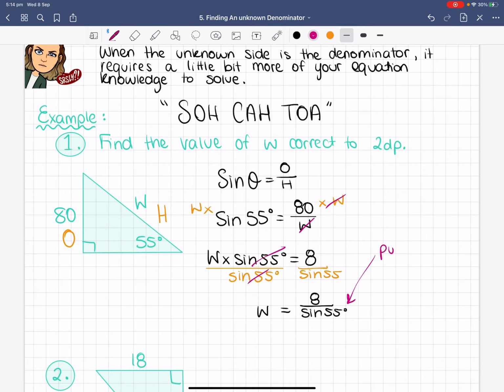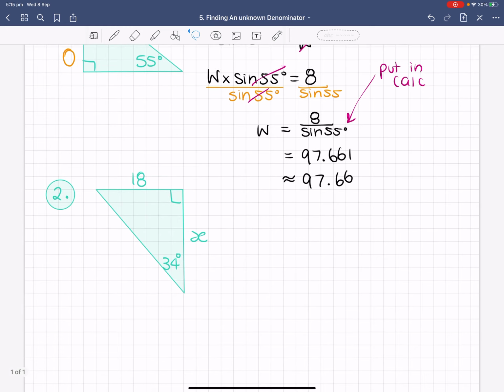So put it in the calculator: press the fraction button, type in 80 on the top, and then on the bottom type sine 55. And then that should give you 97.661, which is approximately 97.66.